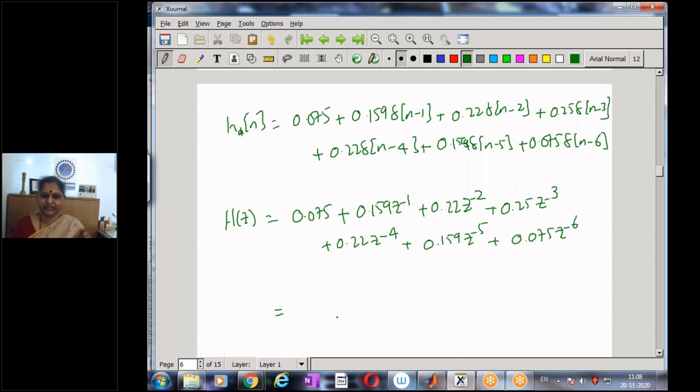I can write it in the other form with all positive coefficients if I require, as 0.075 Z to the power of 6, I multiply and divide all the terms by Z to the power of 6.